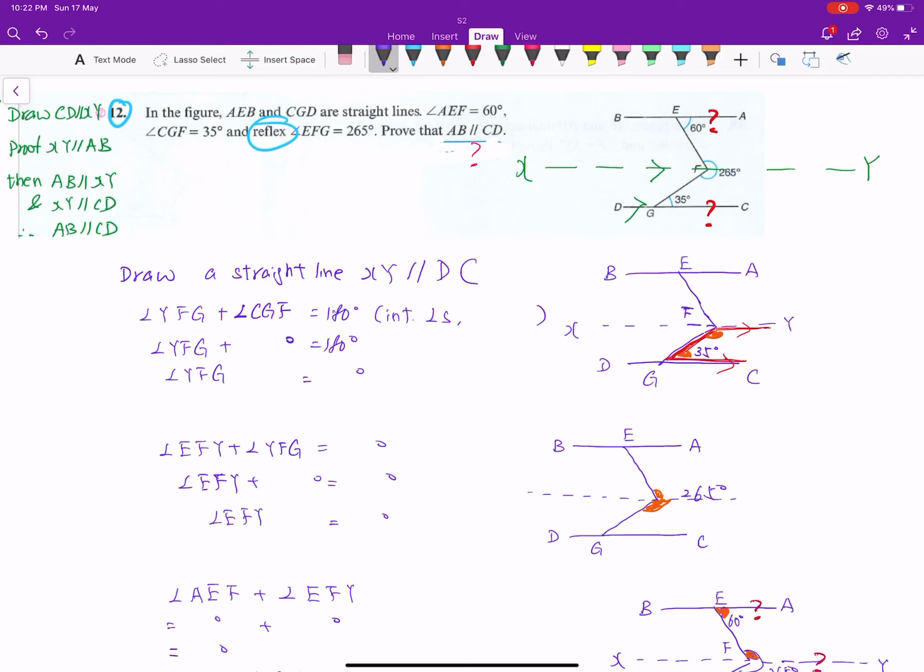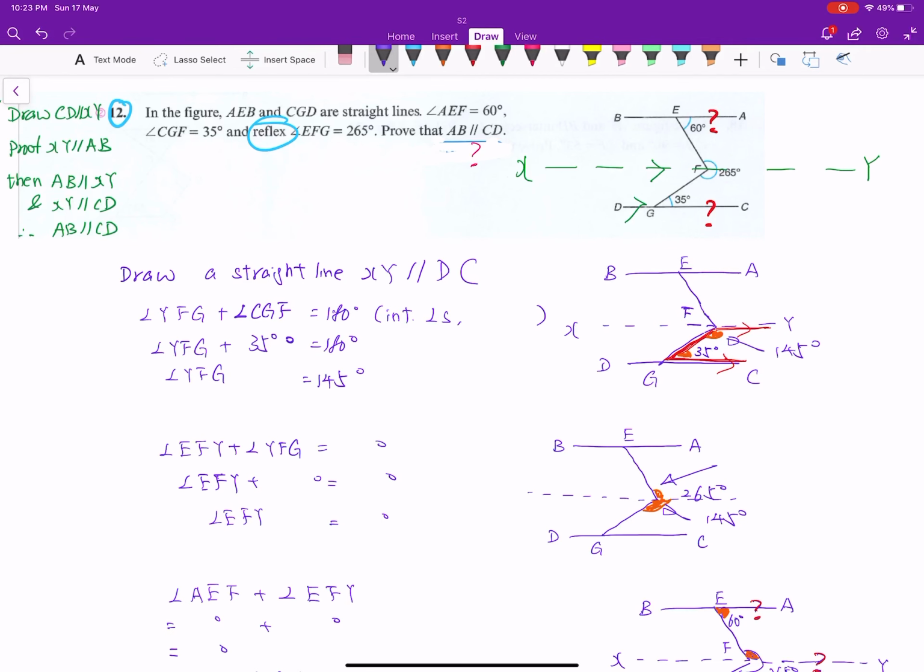So angle CGF equals 35 degrees. Okay, so angle YFG will equal 180 minus 35 degrees. It is 145 degrees. So this one is 145 degrees.